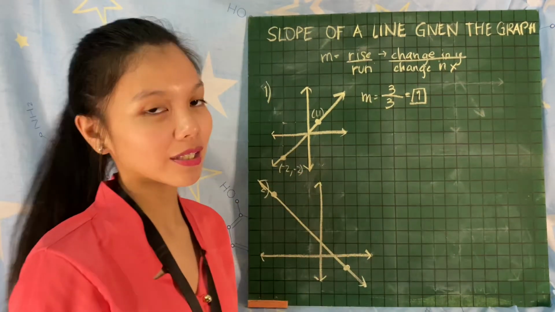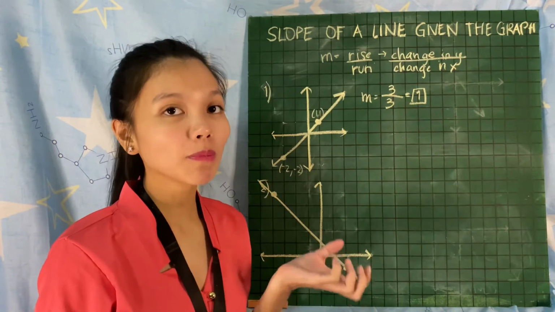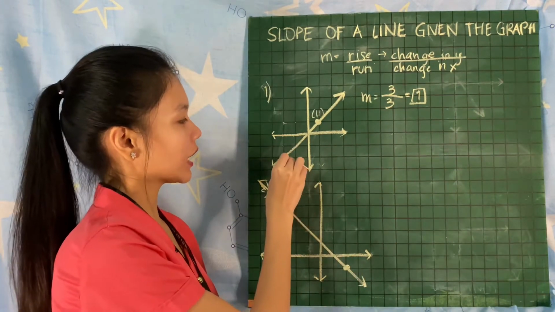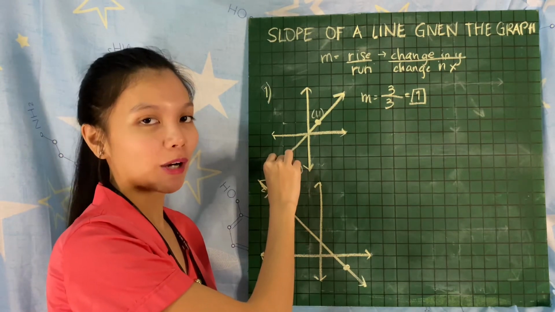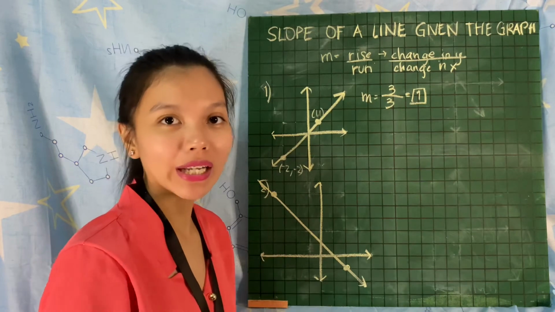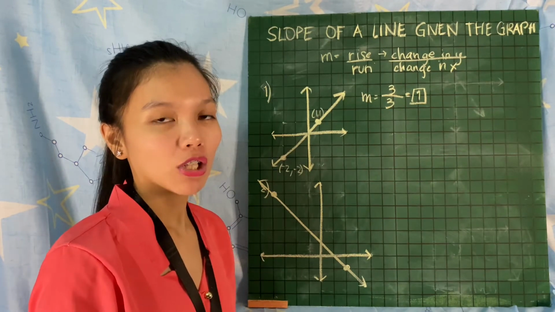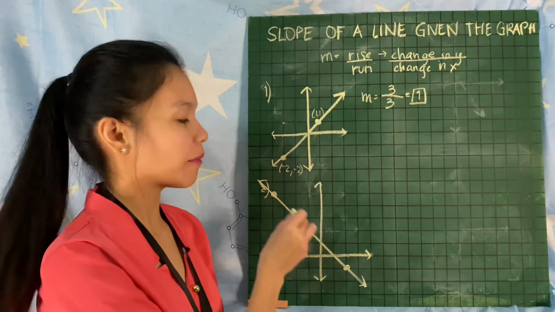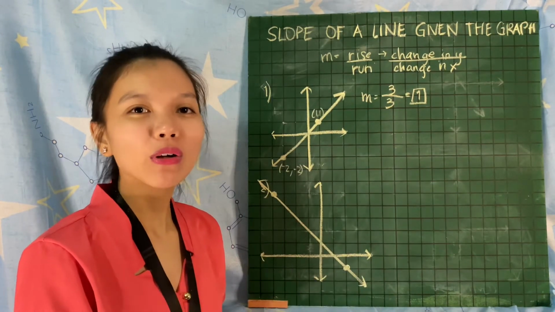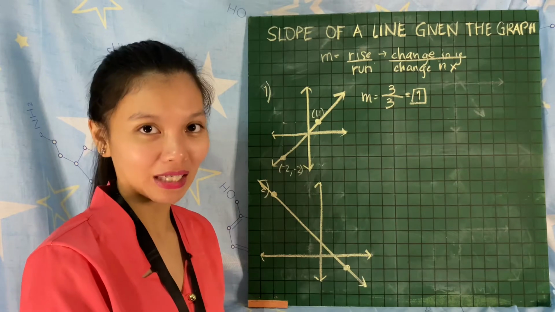Dun sa una nating example, we all know that the slope of it is positive. Why? Because, kung titingnan natin siya from left to right, siya ay pataas. Now, look at our second graph. Kung titingnan nyo siya from left to right, siya ay pababa. Meaning, yung ating magiging slope is negative.